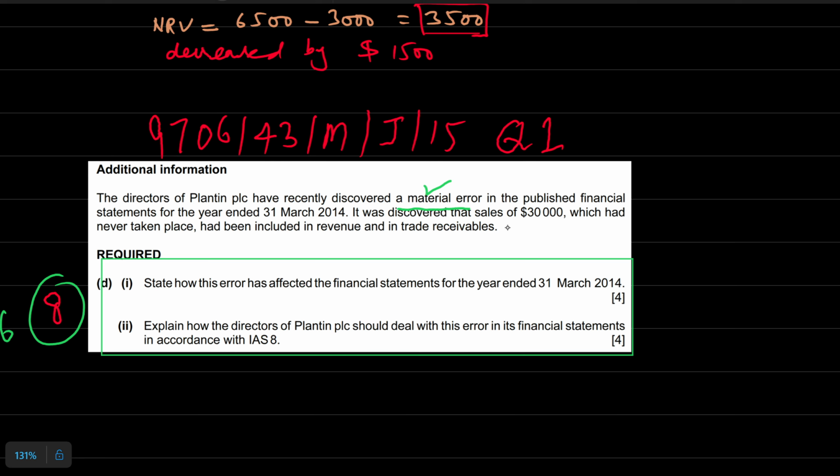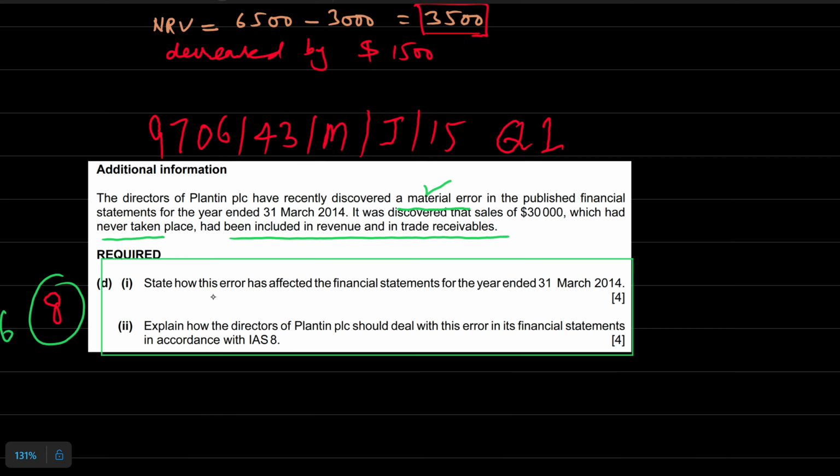It was discovered that sales of 30,000 which had never taken place had been included in the revenue and trade receivables. State how this error has affected the financial statements, and explain how the directors of Plantin PLC should deal with this error in the financial statements.